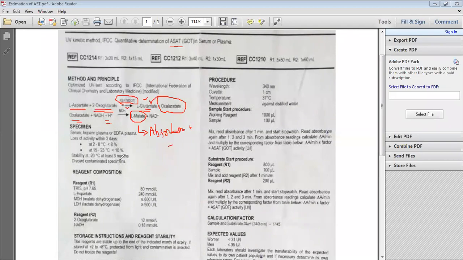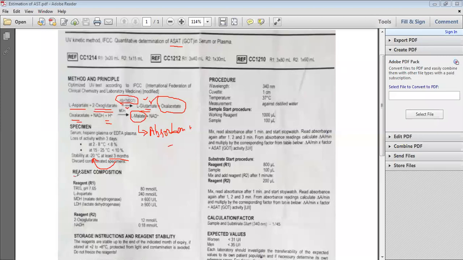But we can store this sample for the estimation of AST at minus 20 degrees Celsius for 3 months, and within these 3 months you can estimate the AST in the serum sample.